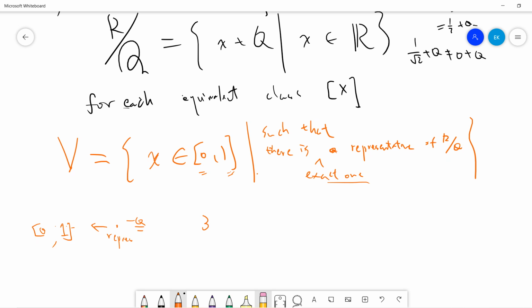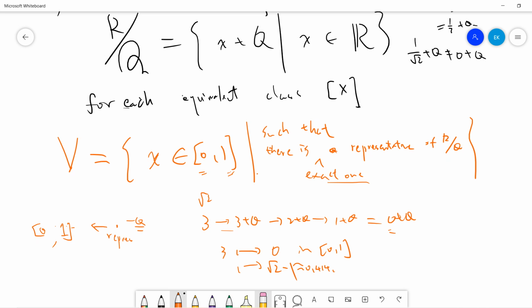For example, 3 is a representative of 3 plus Q, and you can move 3 to 2 plus Q, the same as 1 plus Q, and it becomes 0 plus Q. So 3 can map to 0 in the interval 0 to 1. And square root of 2 can map to square root of 2 minus 1, which is 0.14 something.